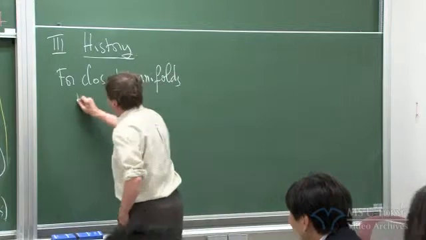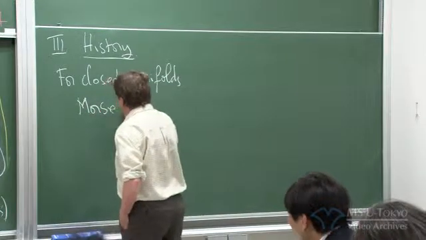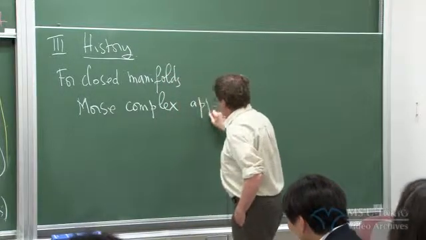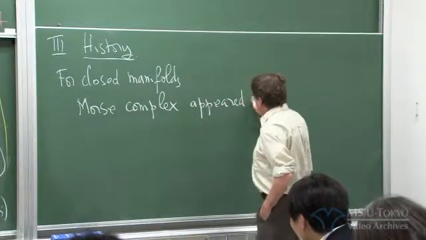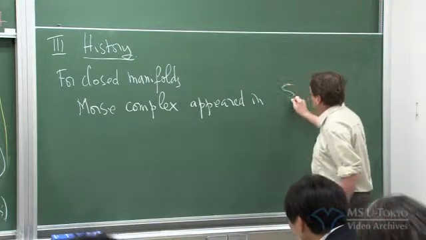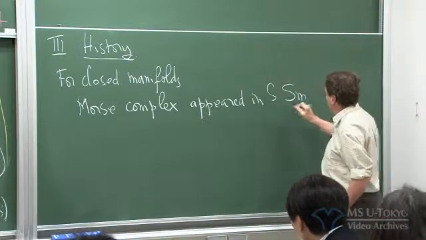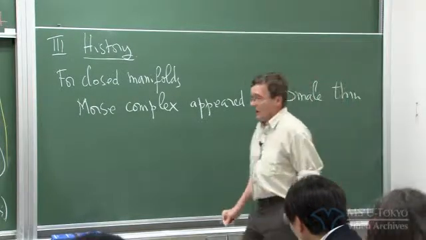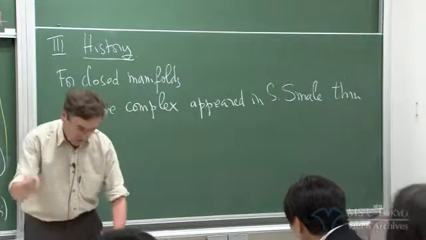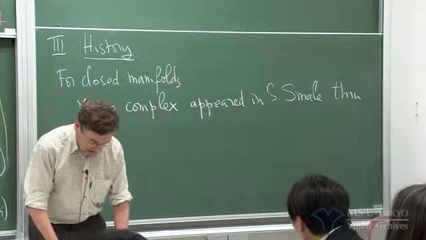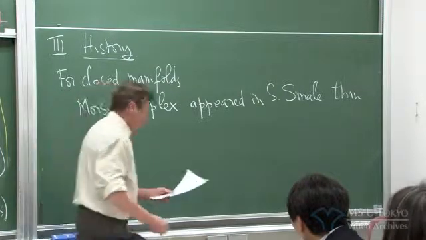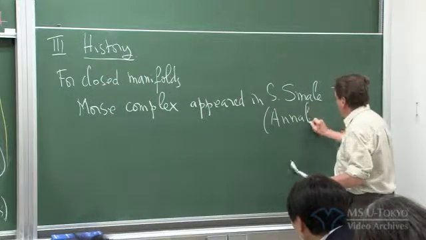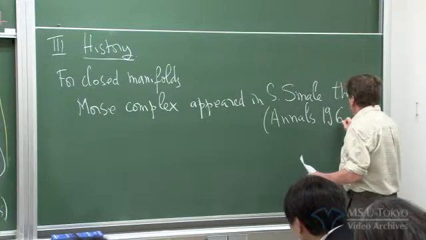The Morse complex first appeared in Smale, Steve Smale's theorem on H-cobordism and generalized Poincaré conjecture, and it is published in the Annals in 1961.